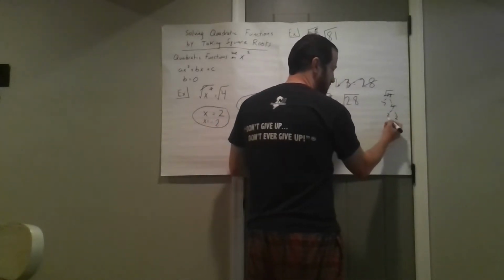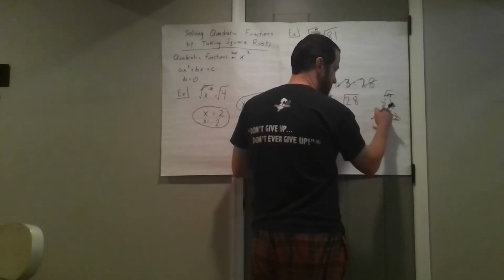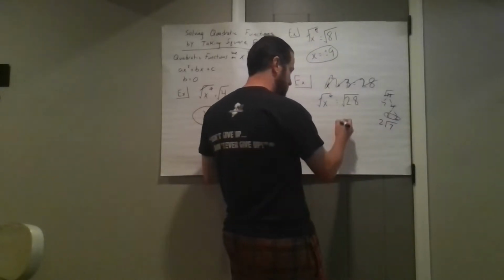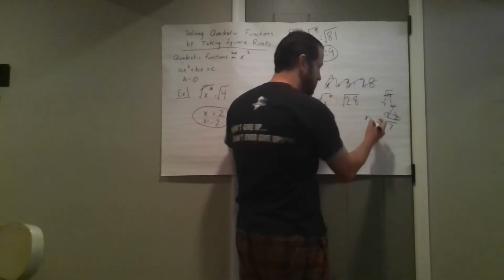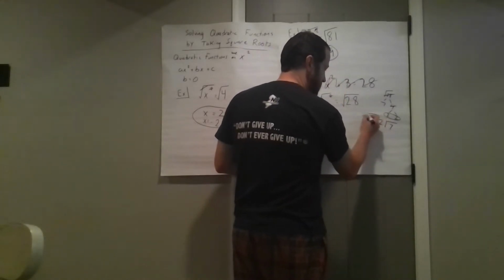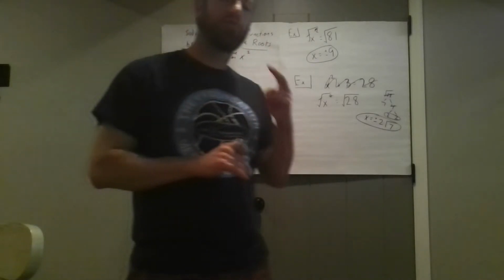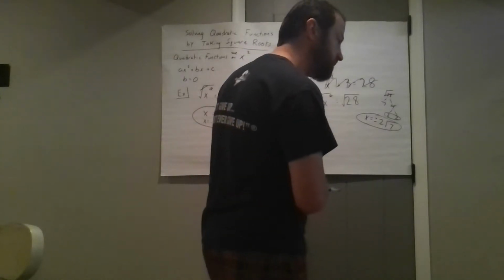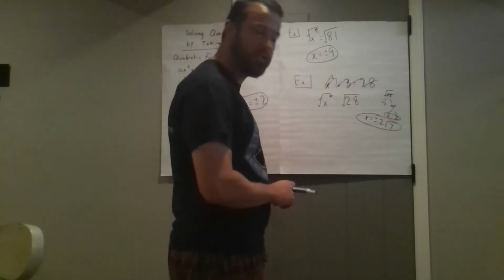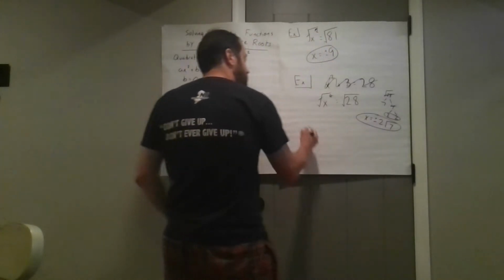This has a pair, which is 2. That goes on the outside. That doesn't have a pair, so that's going to be 7. So my answer is x equals, again, there's two answers, so I throw that plus or minus in front. And we got x equals plus or minus 2 root 7. And that's going to be our answer. Interesting. So we're utilizing that skill that we learned last time.